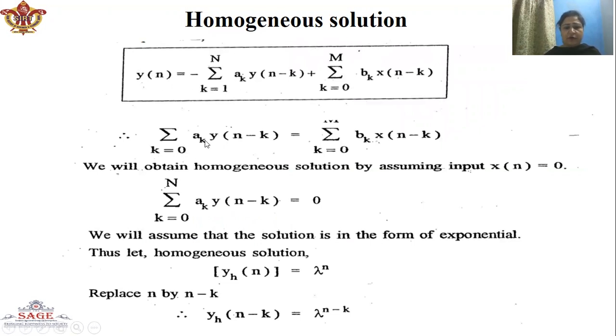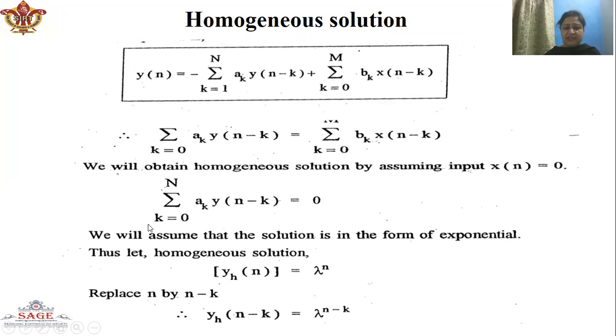So, k will be from 0 to N. Here we have assumed that a_0 is 1. Now, since I'm finding the homogeneous solution, I'll assume that all inputs are 0. That means the right-hand side of this equation will be 0. So I'll have summation k equal to 0 to N, a_k y(n-k) equal to 0.